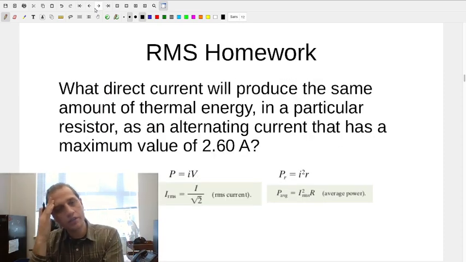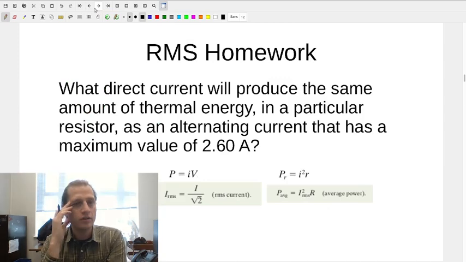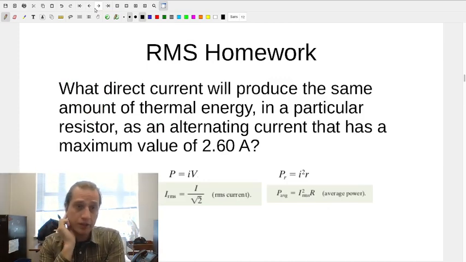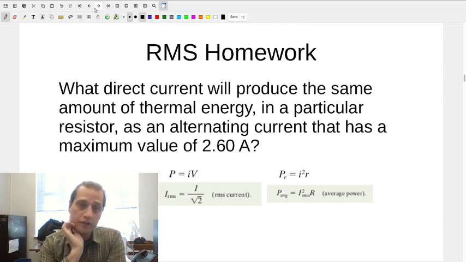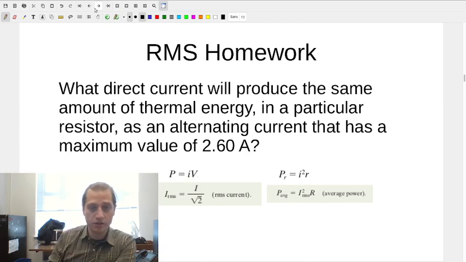Okay, so here's just a quick check. What direct current will produce the same amount of thermal energy in a particular resistor as an alternating current that has a maximum value of 2.60 amps?